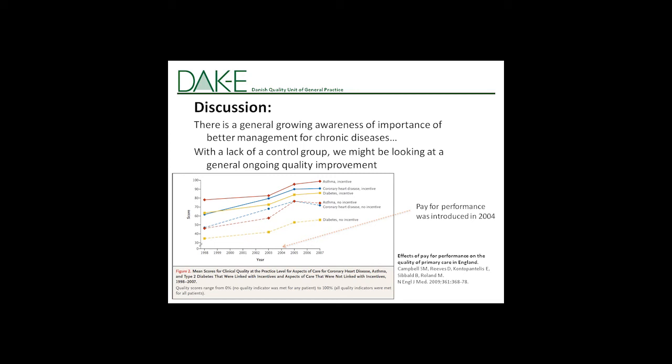Not to talk about pay for performance, but just to show that even if you get no incentive, there would be a better performance on quality indicators, just as well as if you get incentives, and this is English data. So we might have the same problem in our database, just putting a focus. It has nothing to do with the quality indicator itself, it could be underlying.